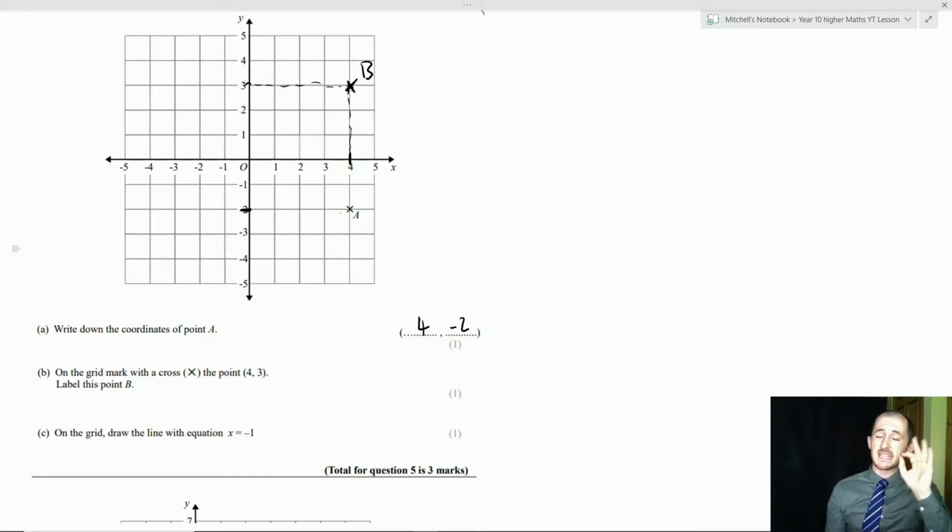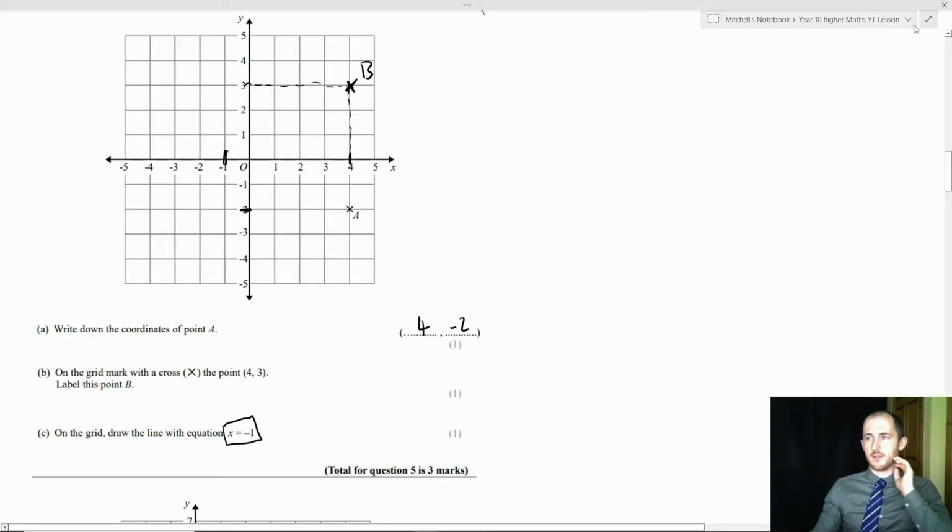Now here's a bit of graph drawing, but it's not that much. It says on the grid, draw the line with the equation x equals -1. So what that means is all of the possible values where x is equal to -1. Okay, so what I do is I find x equals -1 on this, it's here. Now all of these values are just going to be a straight line going straight down across it.